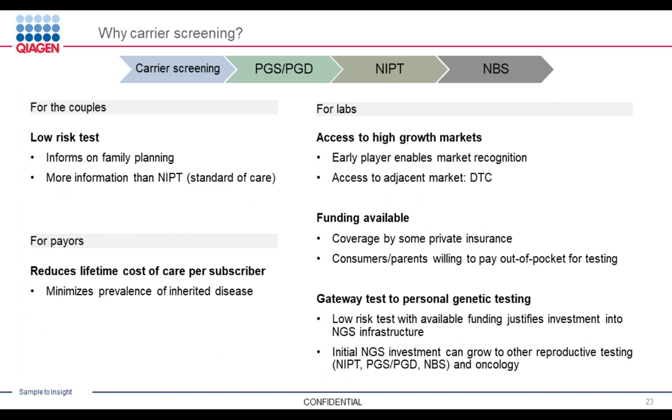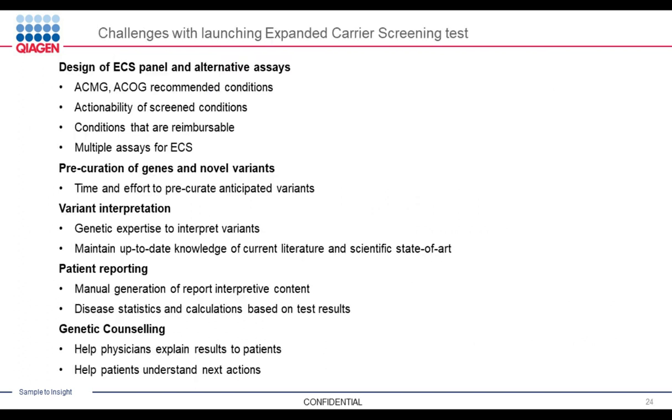And then finally, with the investment that they've made in purchasing the sequencing equipment and putting together the bioinformatics pipeline, at very little incremental cost, they can introduce adjacent testing for NIPT, PGS, PGD, or newborn screening as a way to upsell the existing channels they've created through carrier screening. And then further, they can also move into oncology testing with that infrastructure that they've built out.